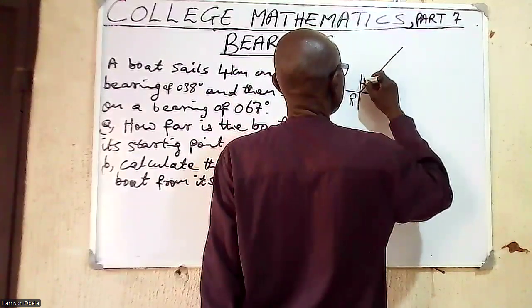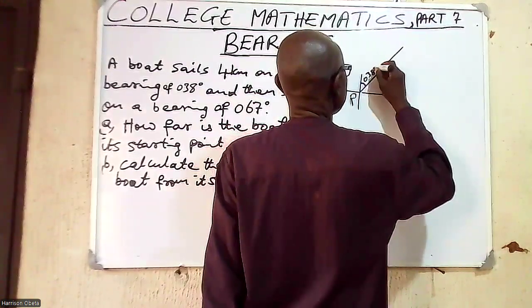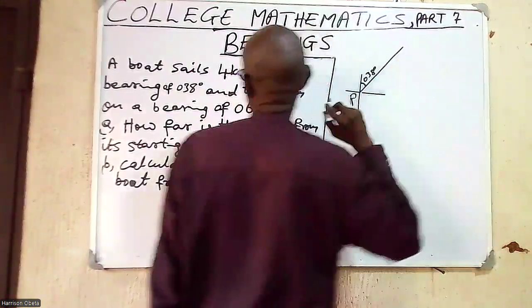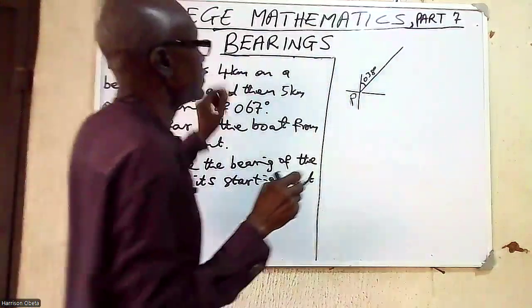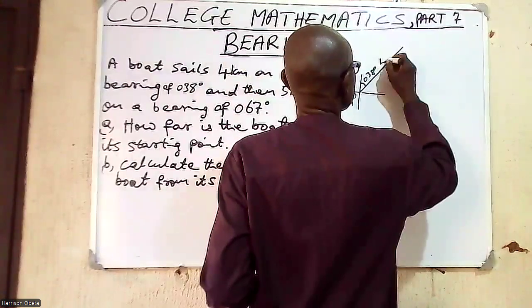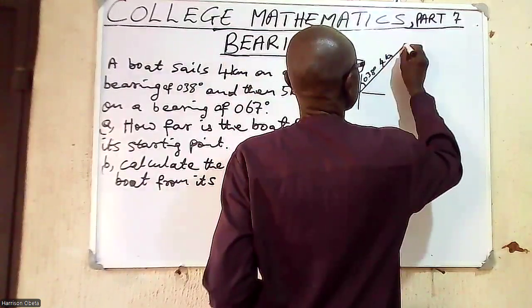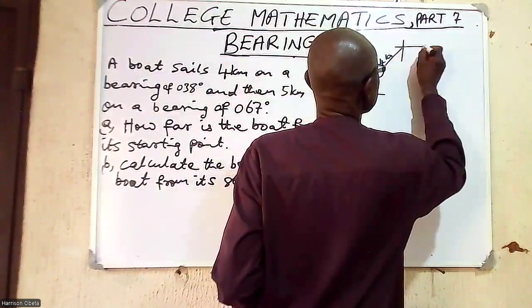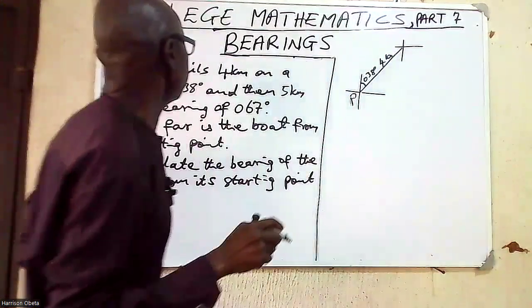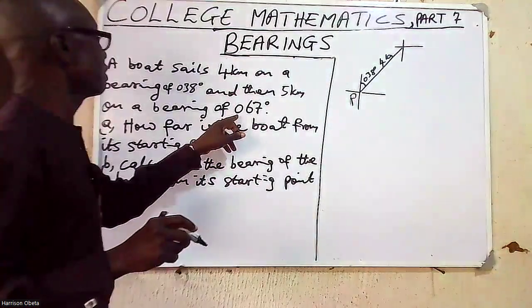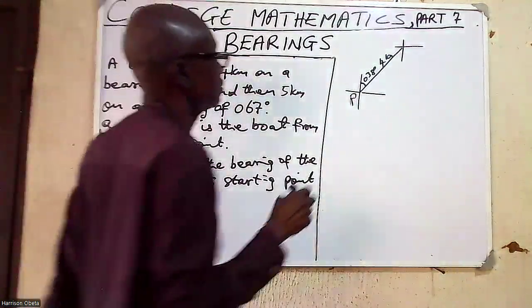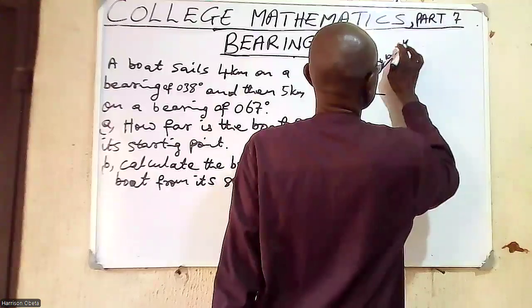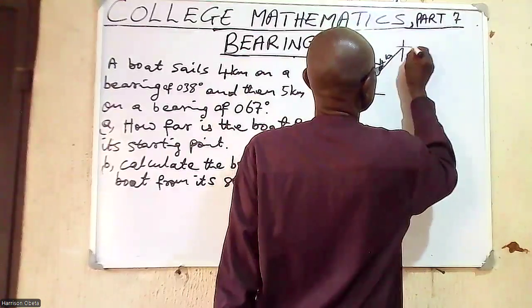Let's take this to be 038 degrees, and we know that it traveled 4 kilometers. Then at this point, it stopped and traveled 5 kilometers on a bearing of 067.